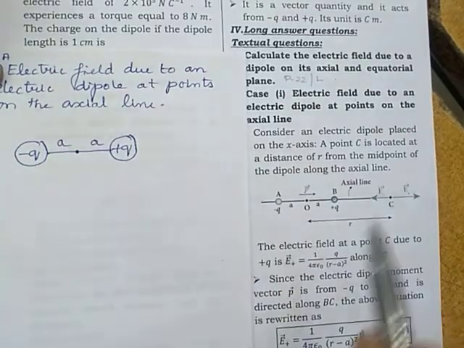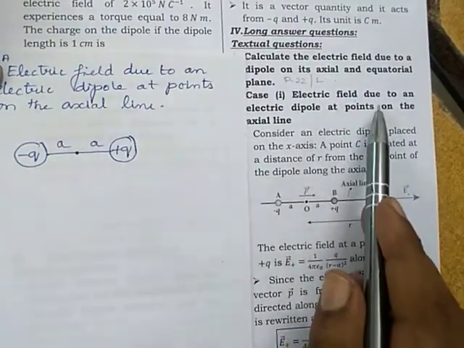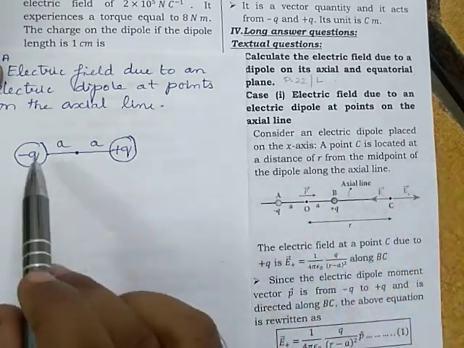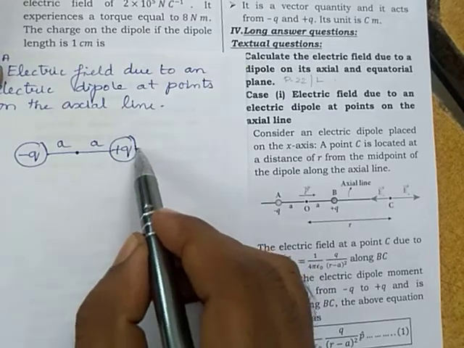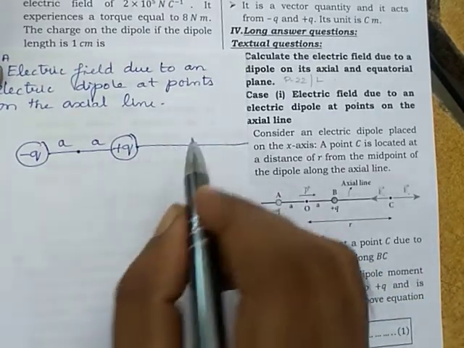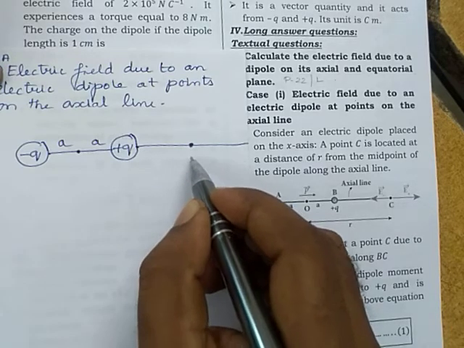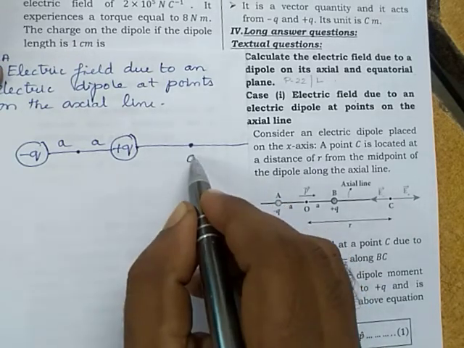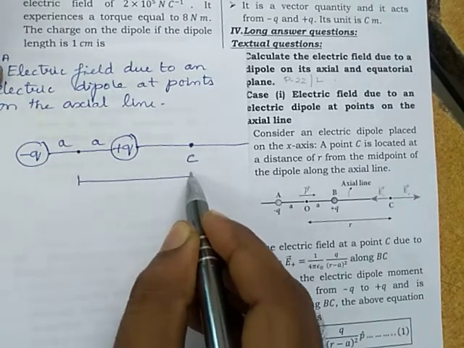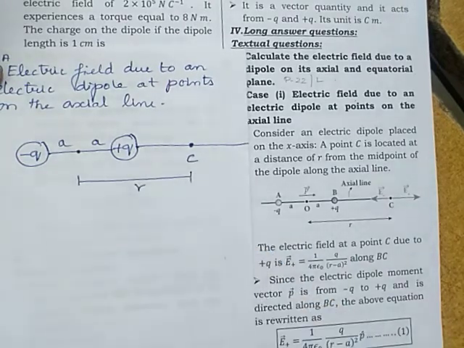We need to find the electric field due to the dipole on its axial line. It is the x-axis. On that line we have to calculate the electric field at a point. So I am considering the point C on its axial line. C is a point at a distance r from the center of the dipole.